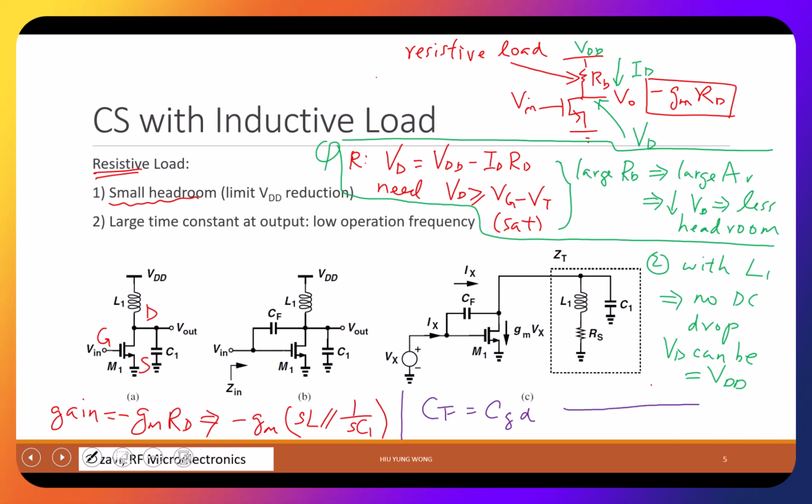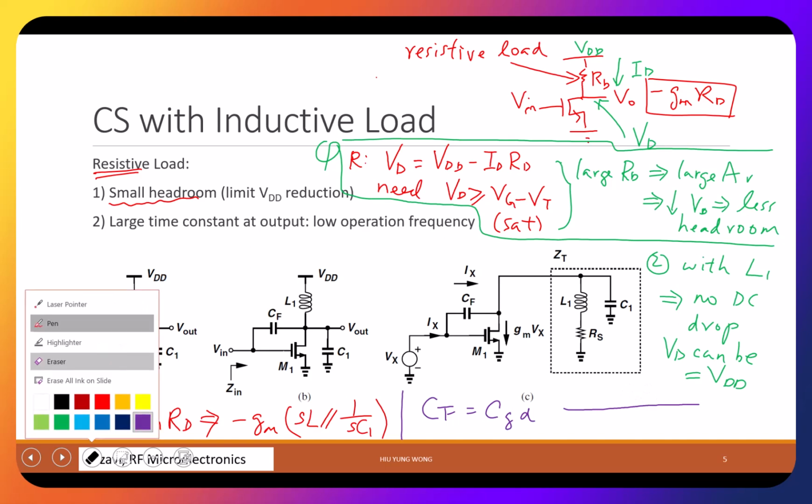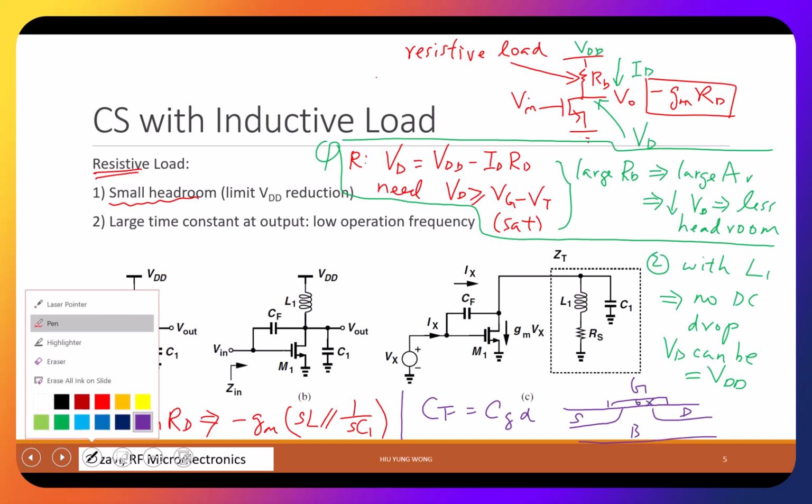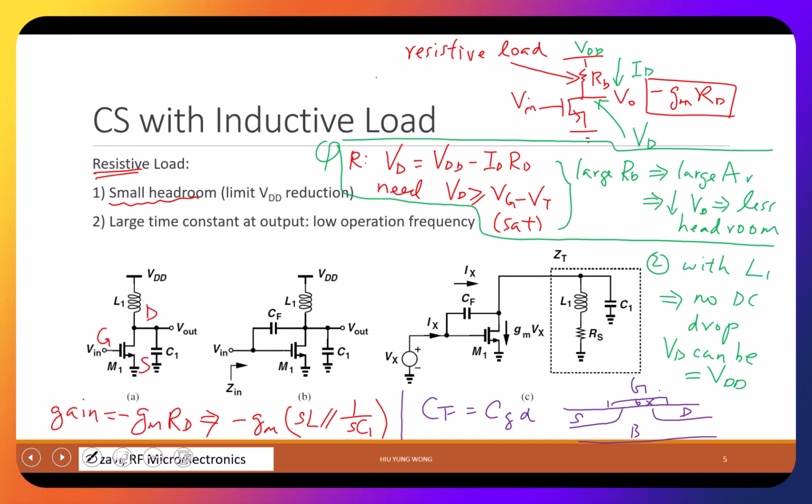Then I need to discuss it a little bit. Again, please spend some time to watch my E124 video if you forgot. So you have a gate here. Remember that you have a source, a drain, and a body. This is the oxide, so you always have a capacitance overlap between the gate and the drain. You have different capacitors.